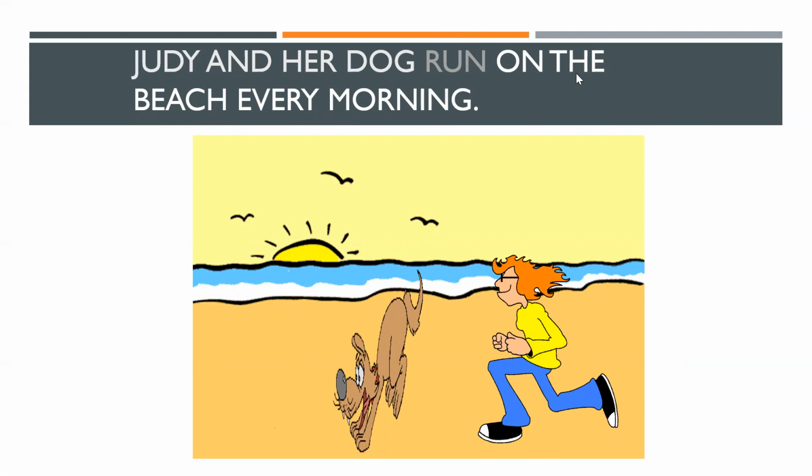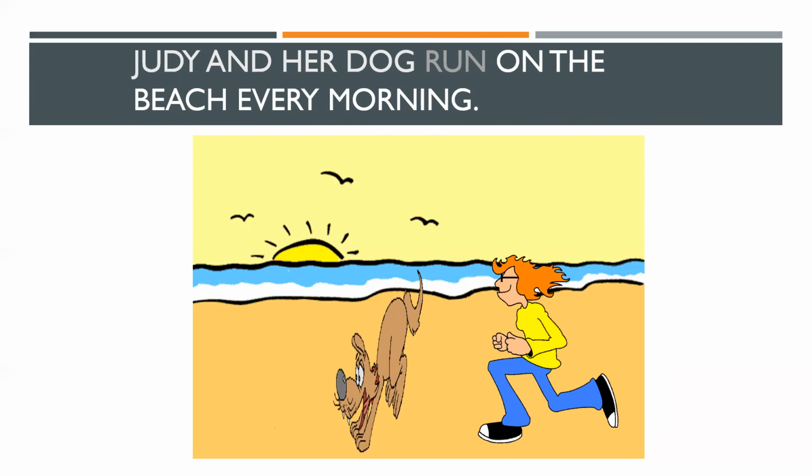Where? On the beach. And then when? Every morning. So we have the subjects, Judy and her dog, and the predicate, or the verb, here is run, and on the beach every morning is additional information about the context of the situation and also the place where Judy and her dog run. So here we can learn that the predicate is run.